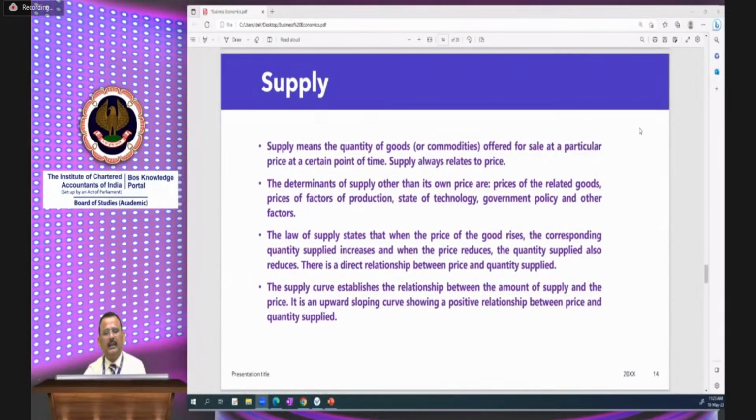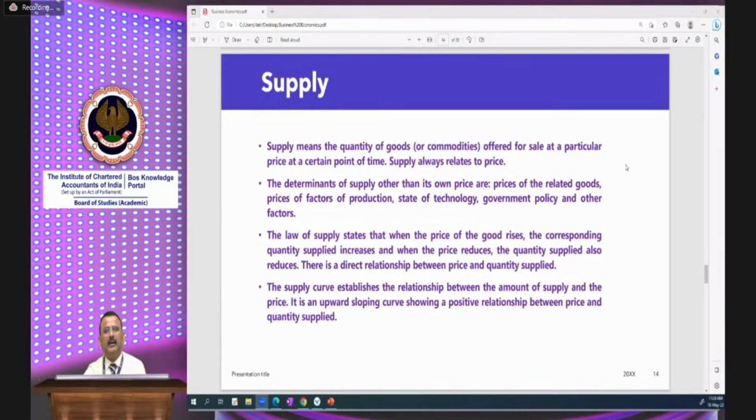Then supply. Supply means the quantity of goods offered for sale at a particular price at a certain point of time, because supply also relates to price. And in equilibrium, the balance of demand and supply is very important, because if supply is less and demand is high, then the price will be high.